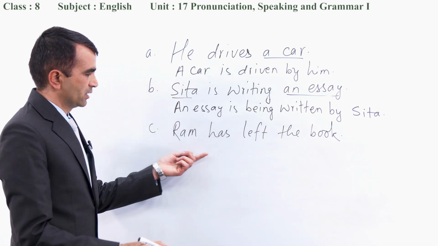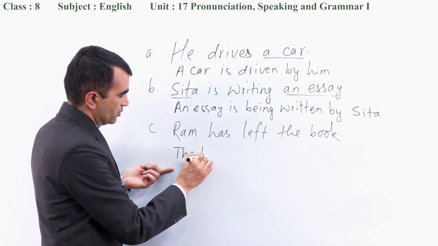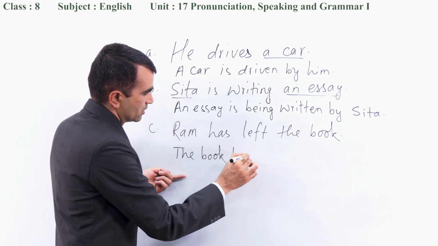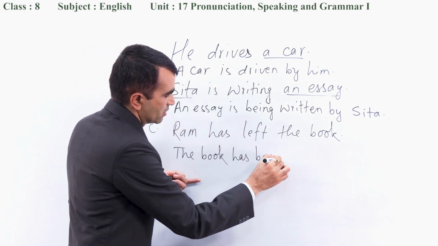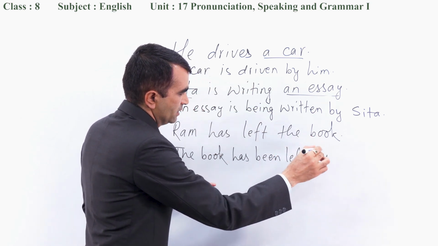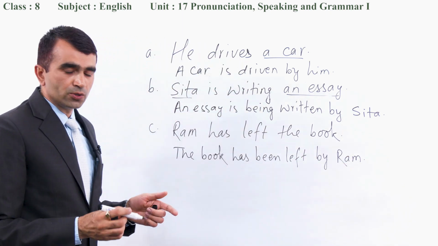And third one, the object is the book. The book has been left by Ram. Well, study these three sentences.